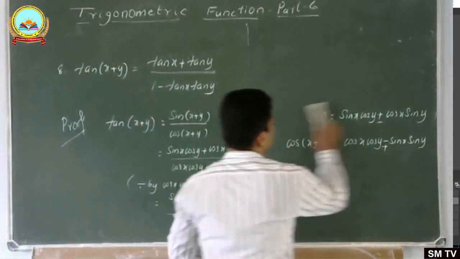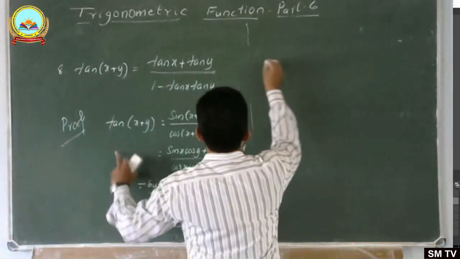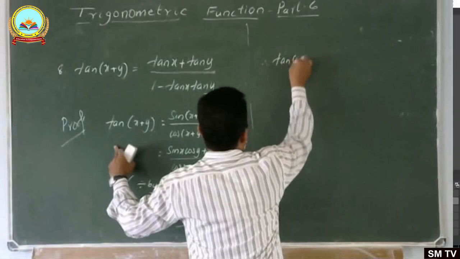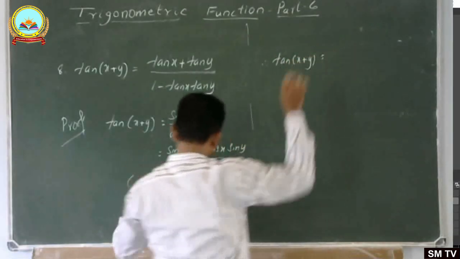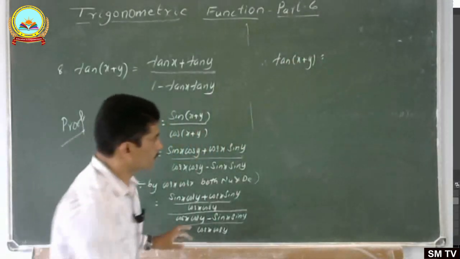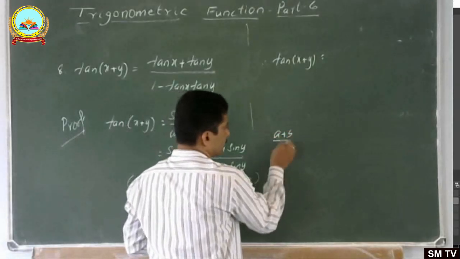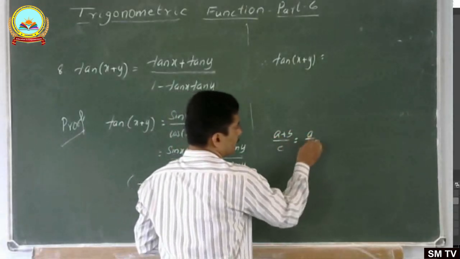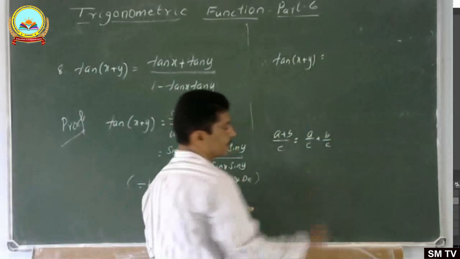Then simplify this result. Therefore tan of x plus y is equal to, simplifying the right hand side, a plus b divided by c can be expanded as a by c plus b divided by c.